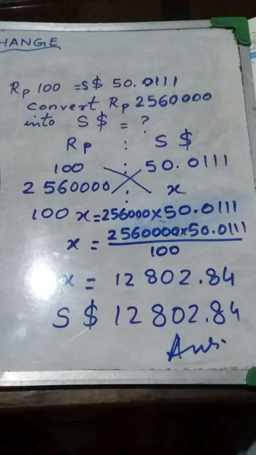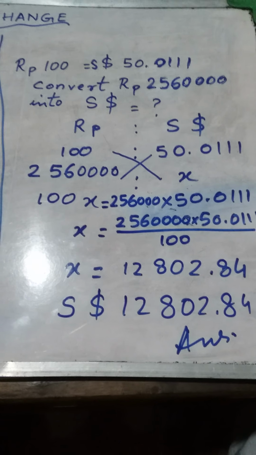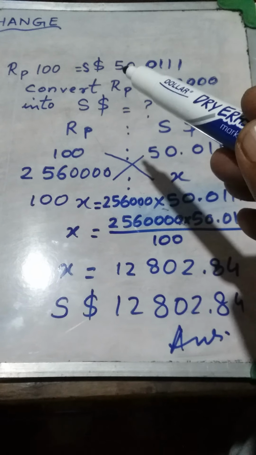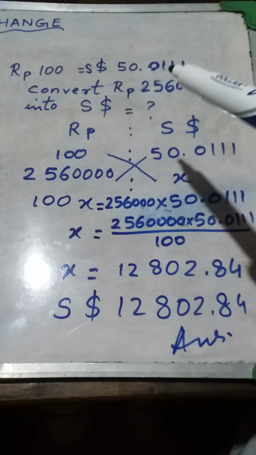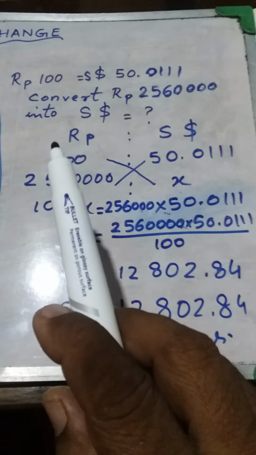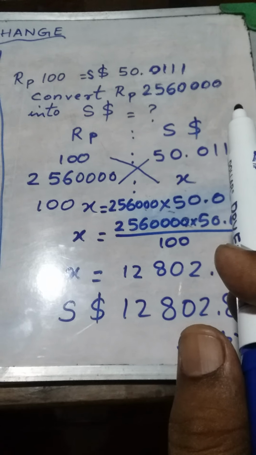Now the same thing we are going to do in part B. In part B, we have Indonesian rupiah. 100 Indonesian rupiah equals 50.0111 Singaporean dollar, and we have to convert 2,560,000. It's a big amount.